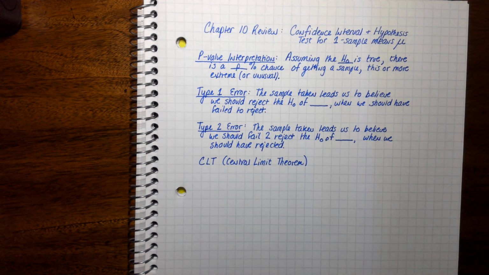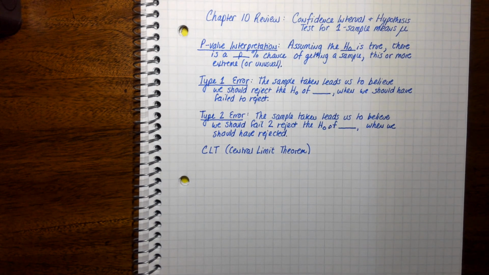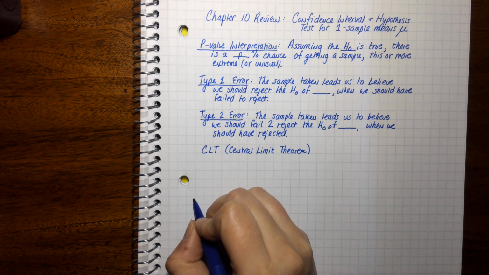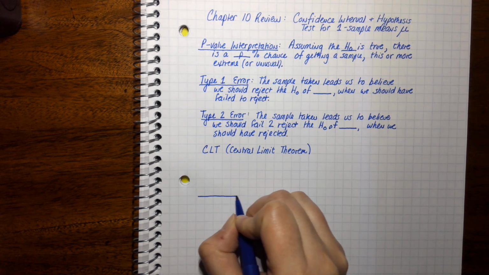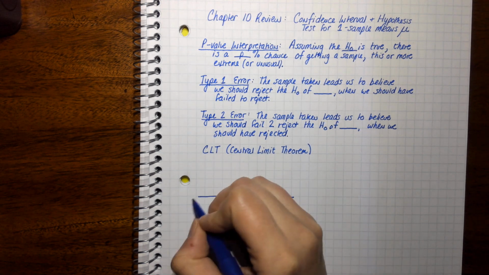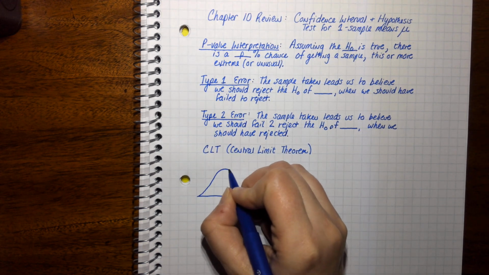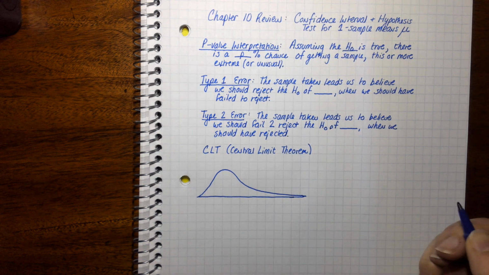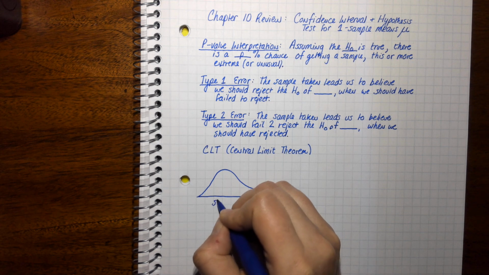The central limit theorem was the day that we were filling out the little chart with the green, red, and yellow dots and deciding if something was normal enough to use a normal approximation. I'm going to draw a picture to describe it. I want you to think of this as a population. I'm going to make it super skewed here.